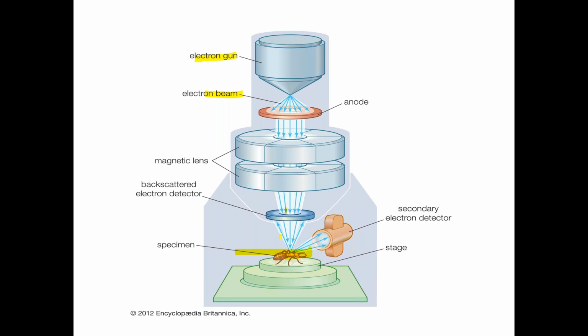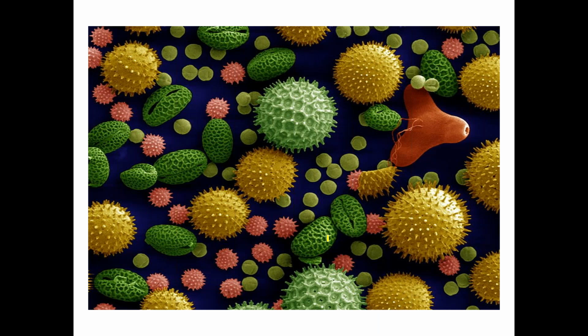From the specimen, some of the electrons are backscattered, whereas the electrons which are produced from the specimen will go to the stage where the image is produced. Clear? And see, this is the way how image appears in scanning electron microscope. You can very well visualize the 3D appearance of surface structures. We can see from this picture.